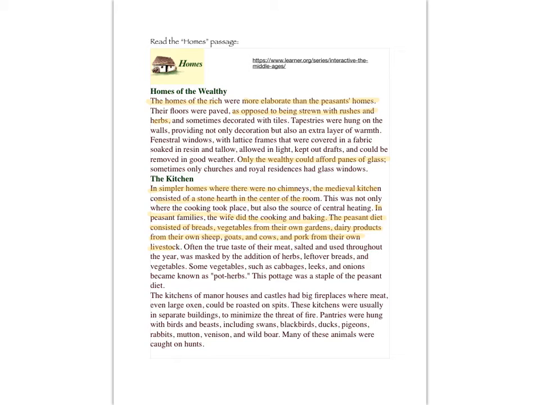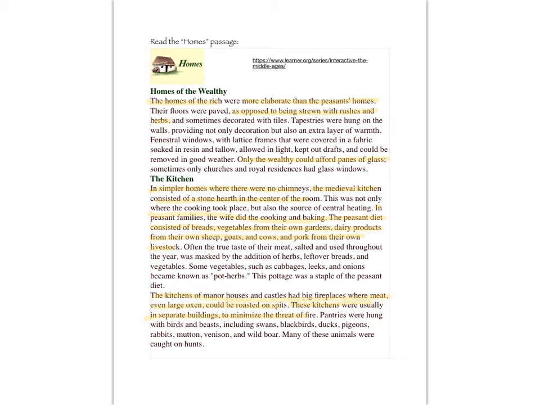Often the true taste of their meat, salted and used throughout the year, was masked by the addition of herbs, leftover bread, and vegetables. Some vegetables, such as cabbages, leeks, and onions, became known as pot herbs. This pottage was a staple of the peasant diet. Now, the next one we're going to compare. The kitchens of manor houses and castles had big fireplaces where meat, even large oxen, could be roasted in spits. These kitchens were usually in separate buildings to minimize the threat of fire.